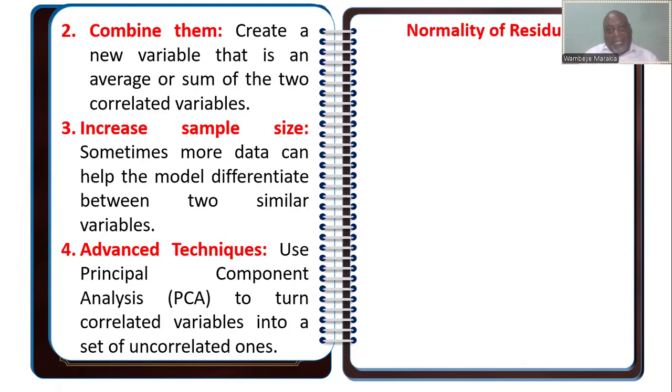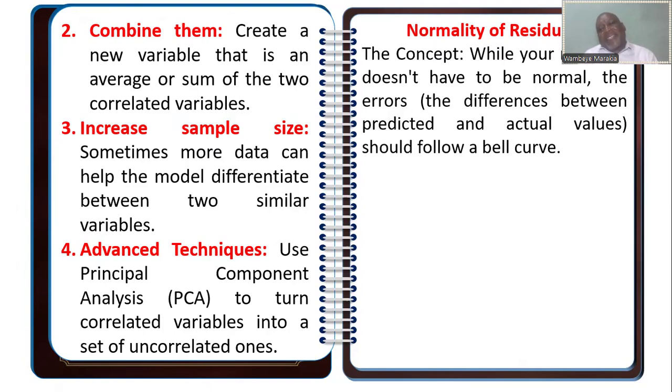We have another assumption called normality of residuals. Your raw data will not be normal.